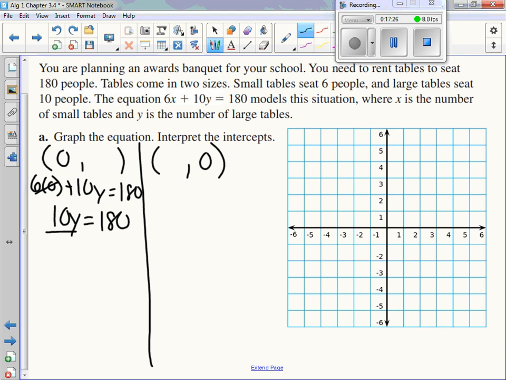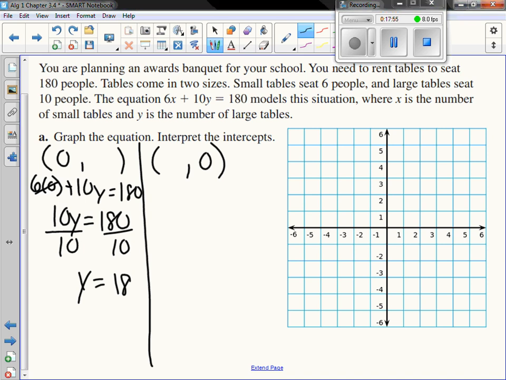So what do we need to do? Divide by 10. Can y'all do 180 divided by 10 in your head? 18.